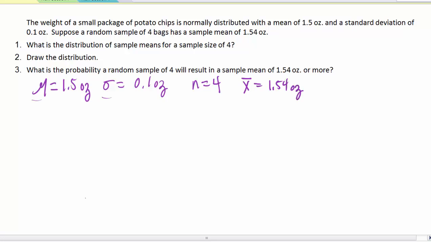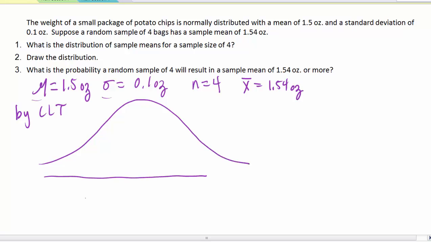If we want to know what the distribution of sample means is, we know by the central limit theorem that even though we have a smaller sample size, because our population is normally distributed, the distribution of x bars, so our sample means, will also be normally distributed, where our mean will be equal to mu of x bar, which is just simply equal to our population mean of 1.5 ounces.